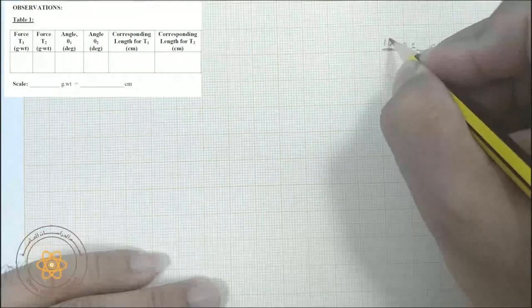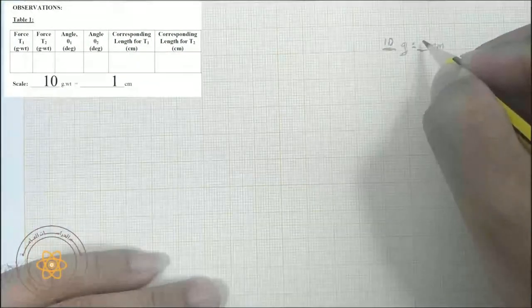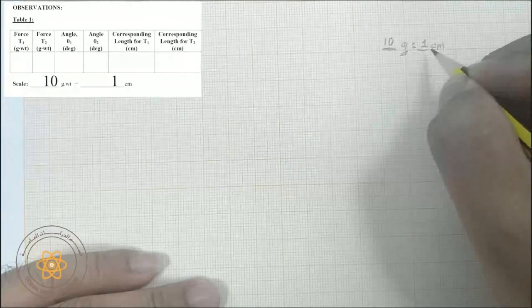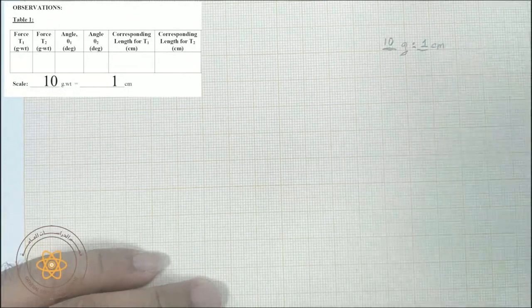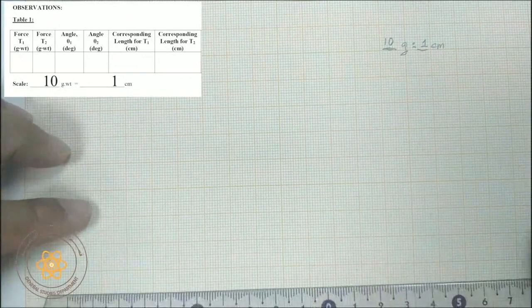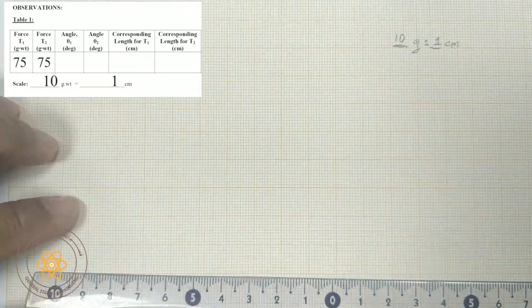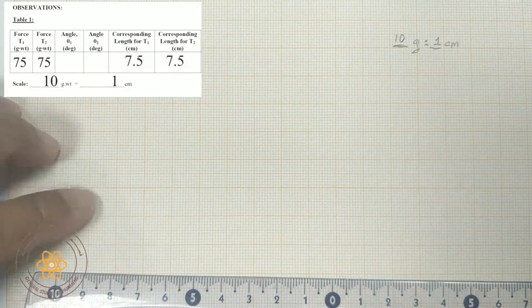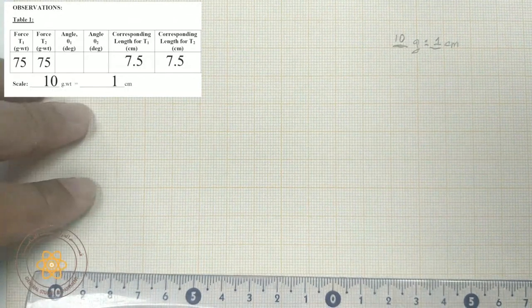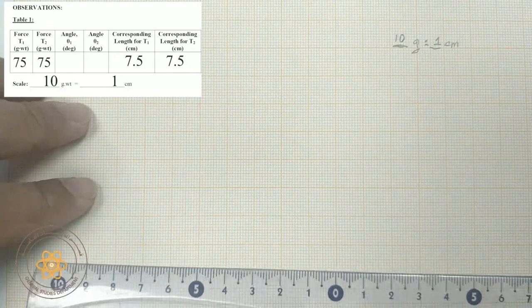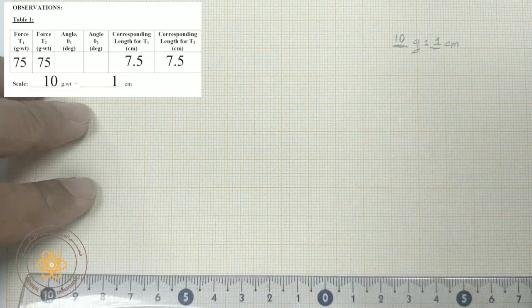For every 10 gram, we will graph it as 1 centimeter. If you remember, T1 and T2 are both 75 grams, so they will become 75 grams divided by 10, which is 7.5 centimeter.